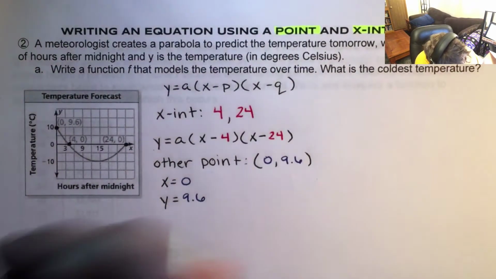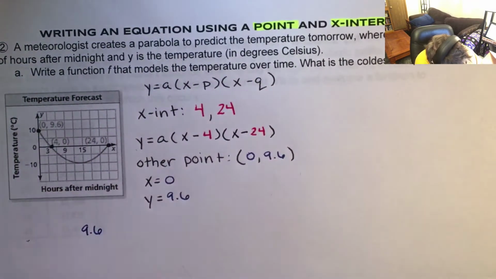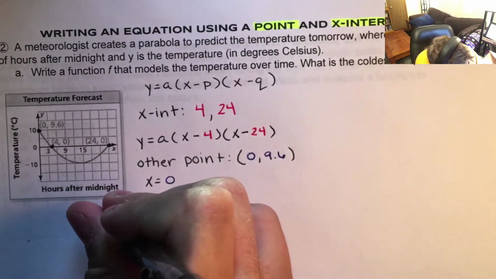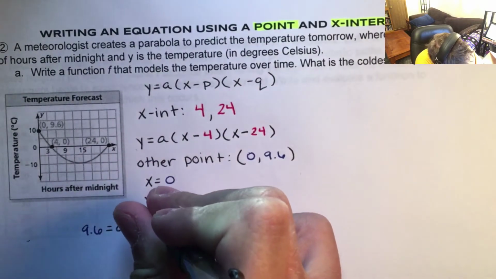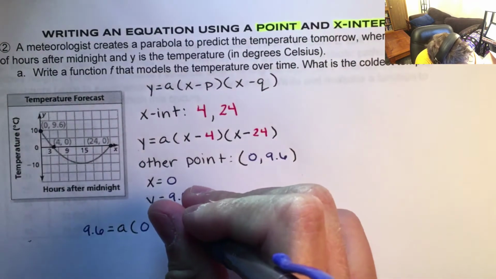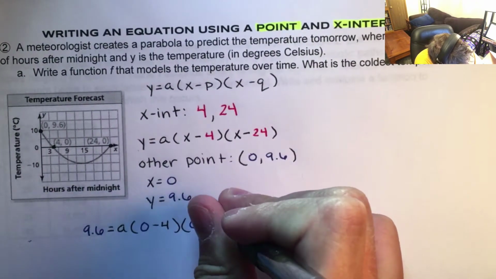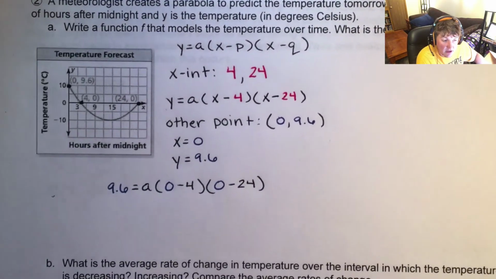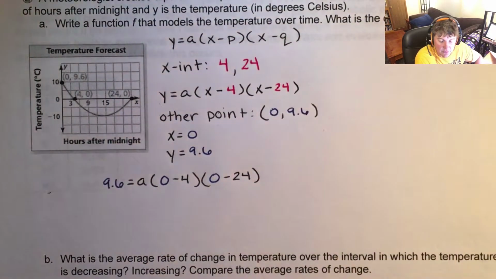I know that 9.6 is going to be equal to A times 0 minus 4 times 0 minus 24. There's multiple x's in our equation, so we just have to plug in that same x value for both of them.